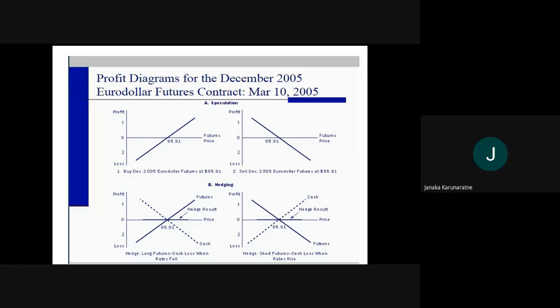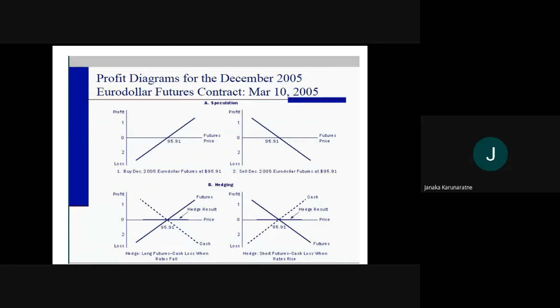Just the first graph is that. So when you buy euro-dollar futures today, if interest rate declines, the price of the futures contract will go up. Now remember, we do this because of a risk scenario.